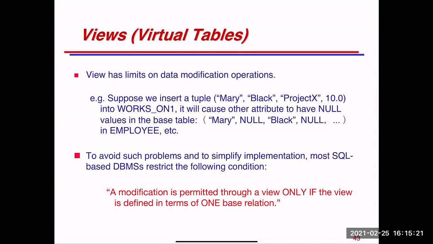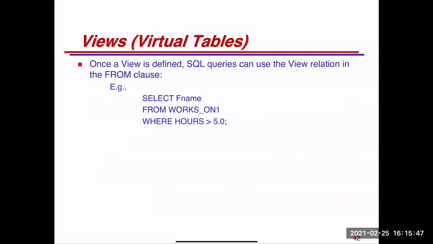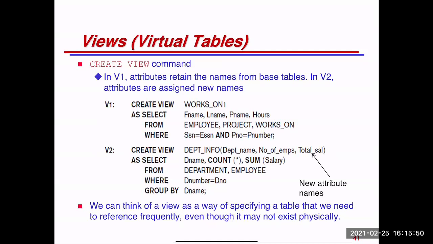There are some limitations when we deal with views, so you need to be careful. I don't really want to go into this example here. Basically, we're just going to follow the following rule: you can only do a modification through a view if the view is defined in terms of a single base relation. What this means is that unfortunately for neither of these two views that we're creating here can we do a modification, because they're not defined by a single relation.